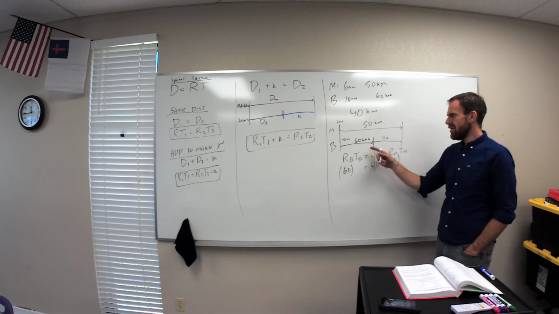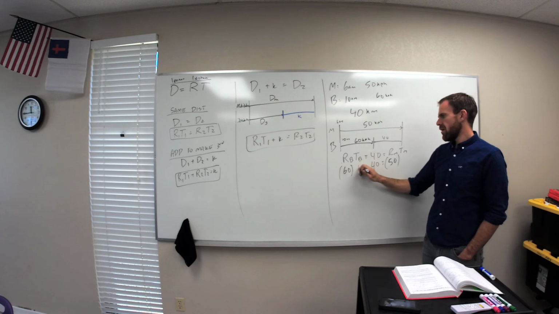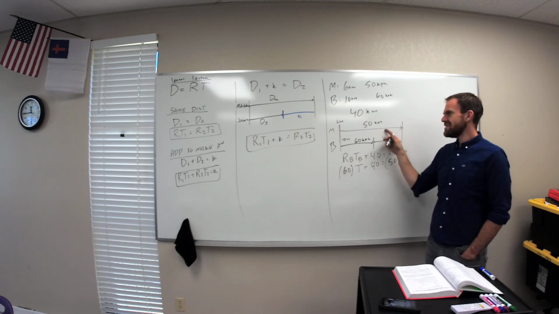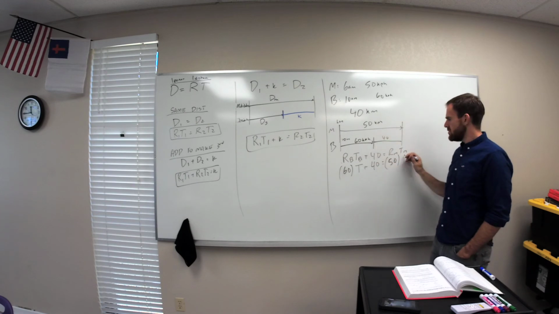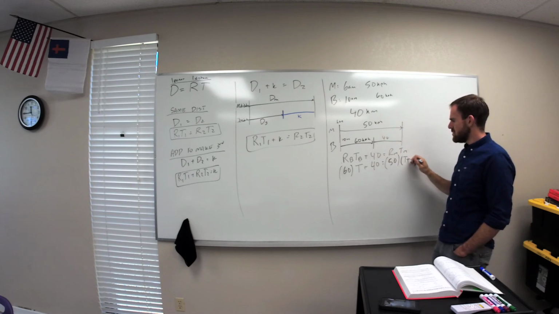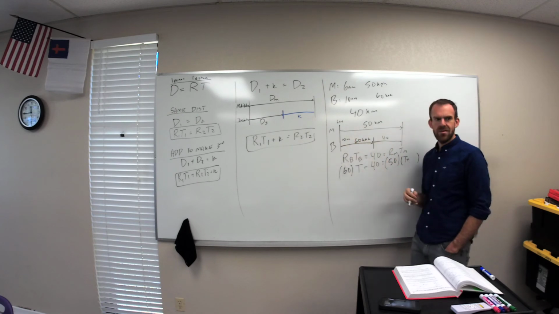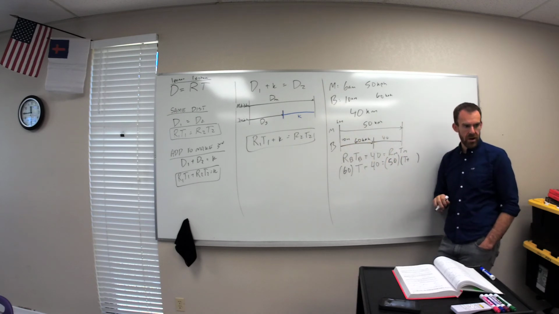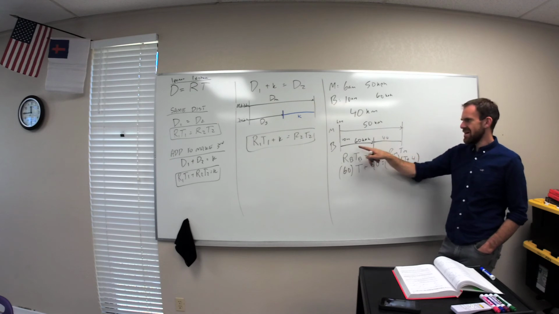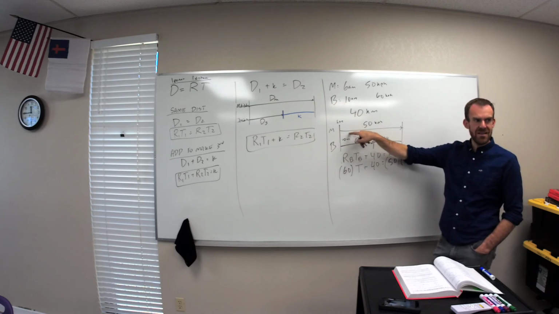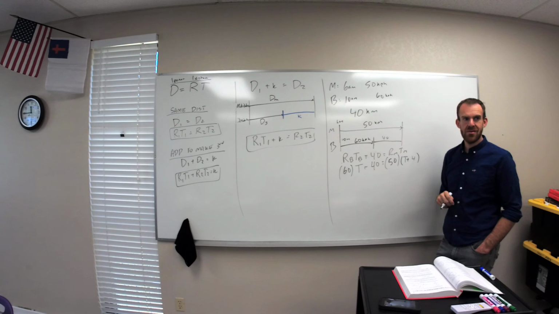So let's solve for this guy. So what would this time be? This would be T plus how many hours extra did this person travel as opposed to this one? 4. Right? If this guy started at 10, this guy started at 6, that's 4 extra hours.